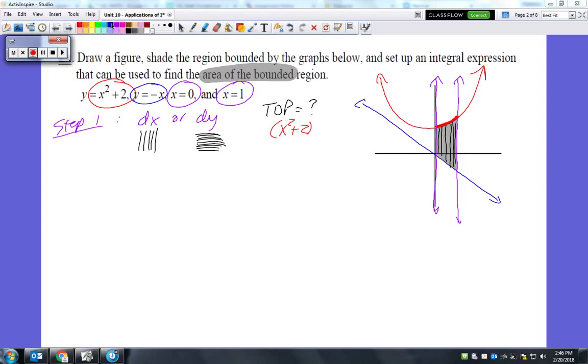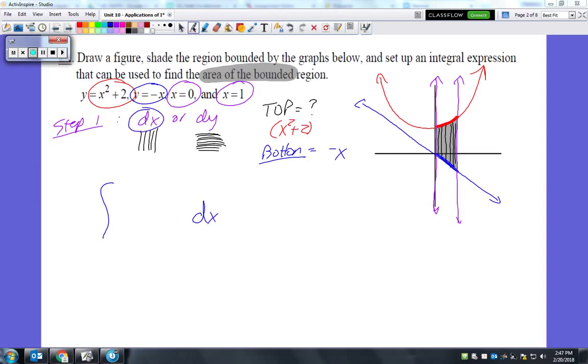What's the bottom function? The blue one, right? Which is what? Negative x, yes. Is it always the bottom? Okay, because throughout this entire thing I have one top and one bottom, all I have to worry about is one integral. You with me? And it'll be dx. That's step 1.